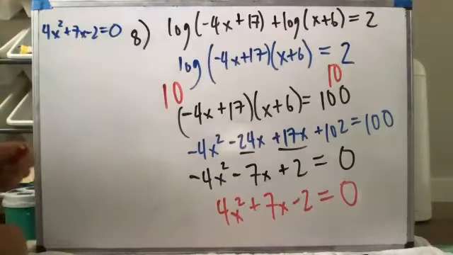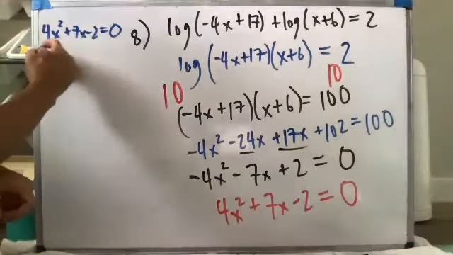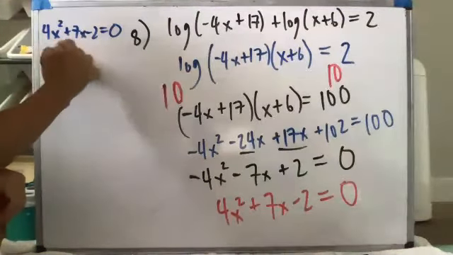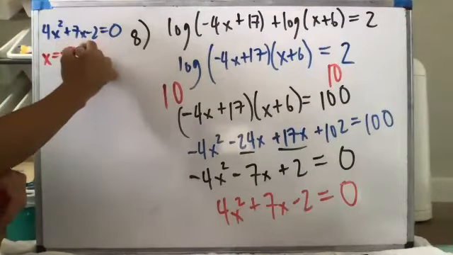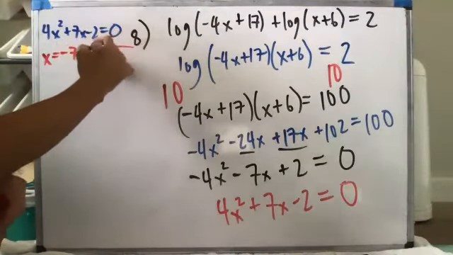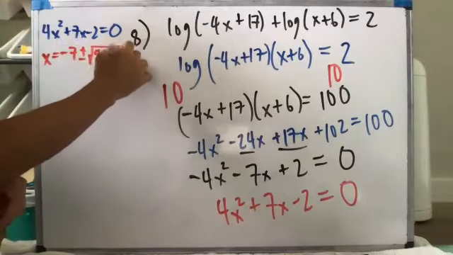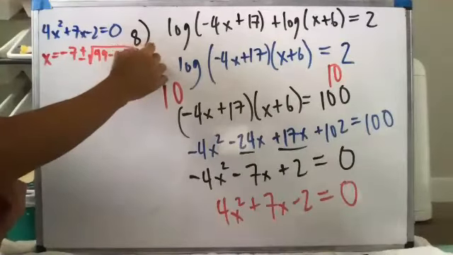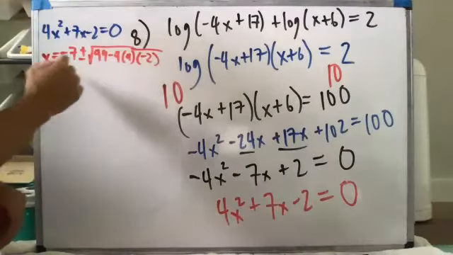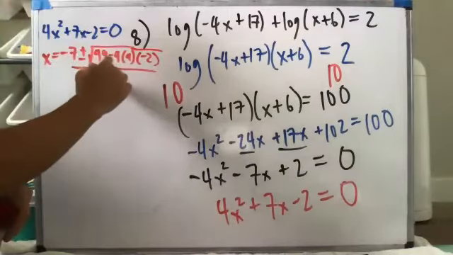X is equal to negative 7 plus or minus the square root of 7 squared minus 4a, which is 4, times c, which is negative 2, all over 2a, which is 2 times 4.